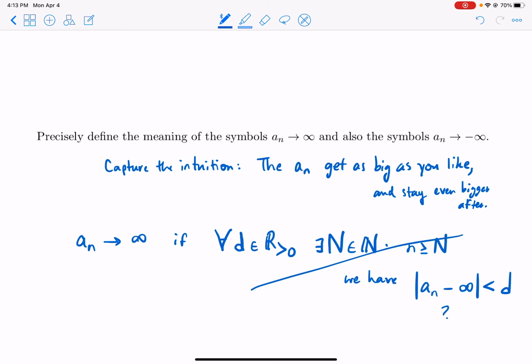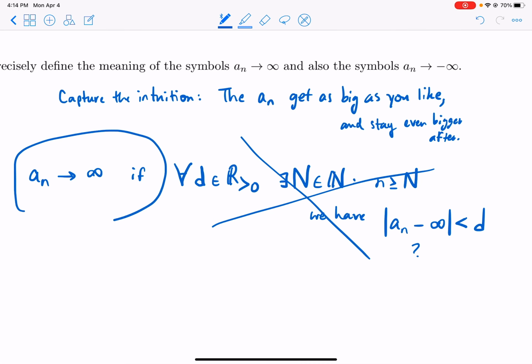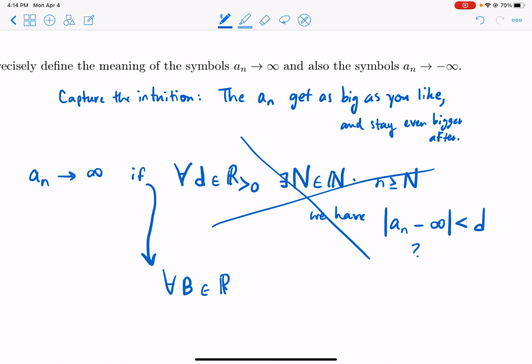This won't work. So instead, we say that a sub n goes to infinity if for all numbers, I'm going to call it capital B, but you see it's still just a positive number, so I could have called it little d, there exists an index such that going past that index implies we have, what do we have? The a sub n's are bigger than b.